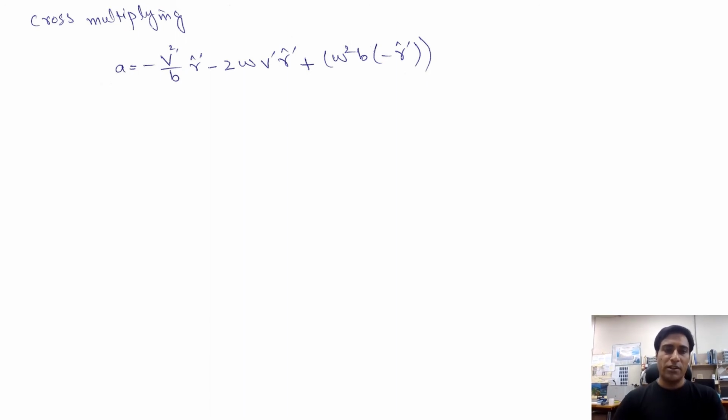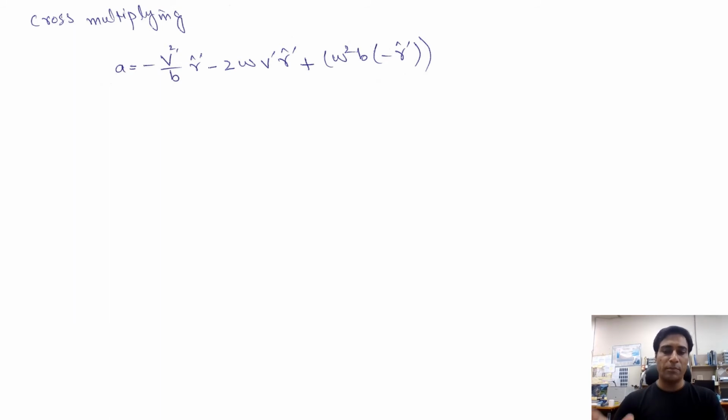So the relation after the cross multiplication is A is equal to minus v dash square over b r dash unit vector minus 2 omega v dash r dash unit vector plus omega square b into minus r dash unit vector.